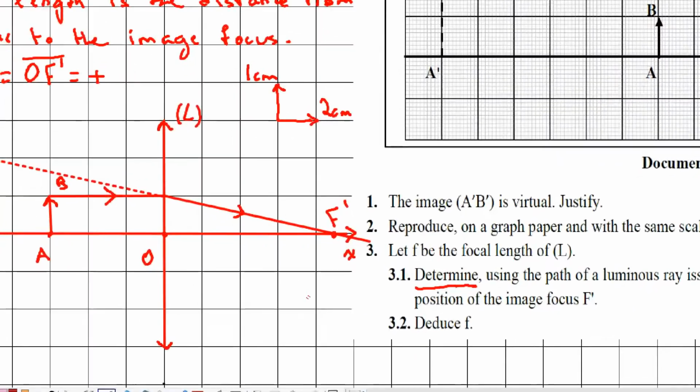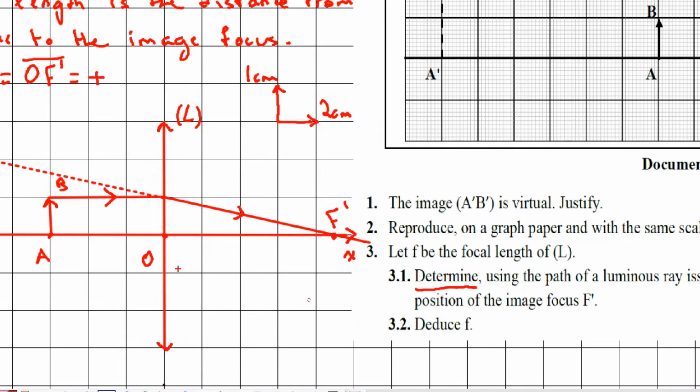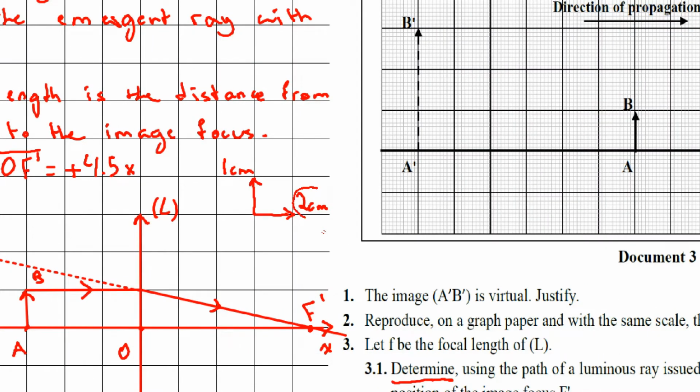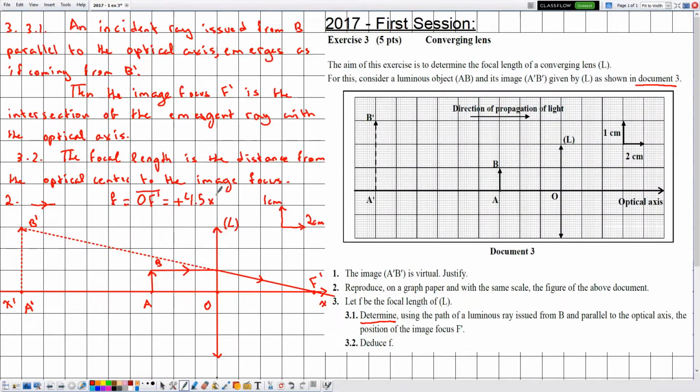And now we count the number of divisions between O and f prime. We have 1, 2, 3, 4, 4.5. And we multiply by the scale along which we have counted the number of divisions, which is the scale along the x-axis. Let me write down the scale.